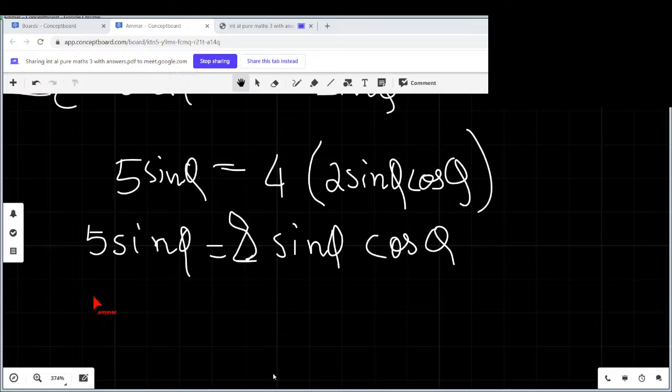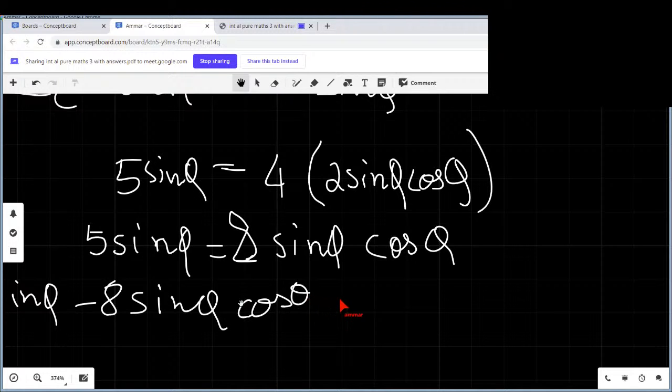Then what? Move it to the other side. Take sine theta common. 5 sine theta minus 8 sine theta cos theta is equal to 0.